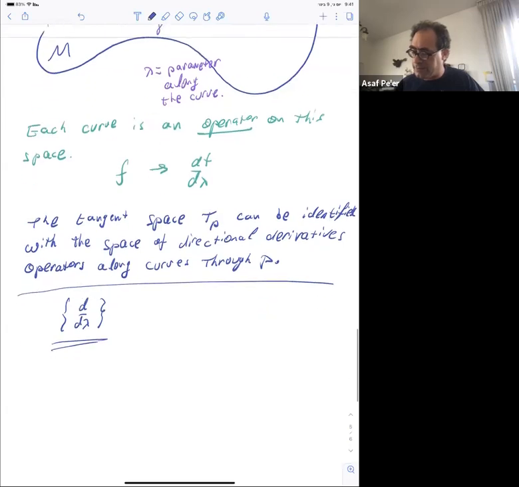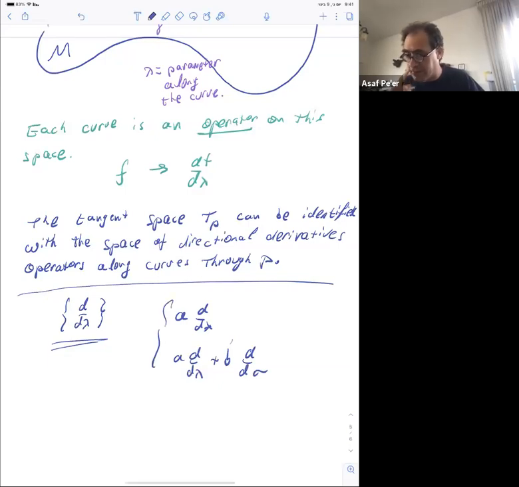So A d over d lambda plus B d over d sigma is another directional derivative. If this is a vector, this is also a vector. The only thing left to check is closure, but if you think of it for a second, this is what gives you the Leibniz rule. So it obeys the product rule.